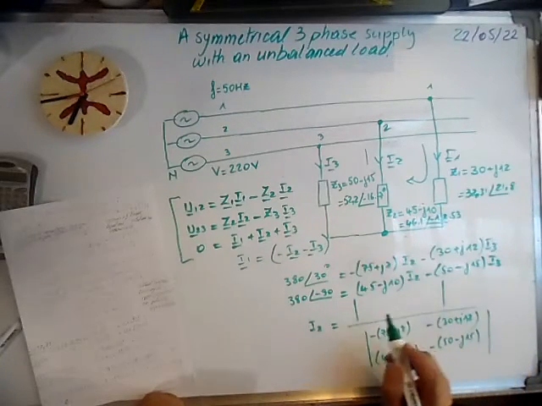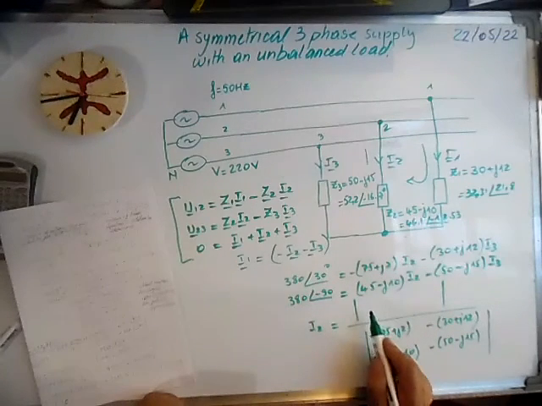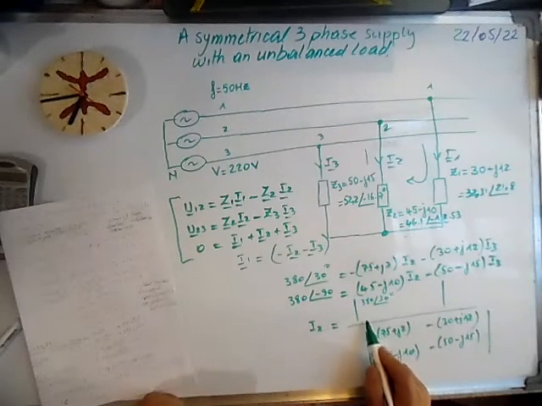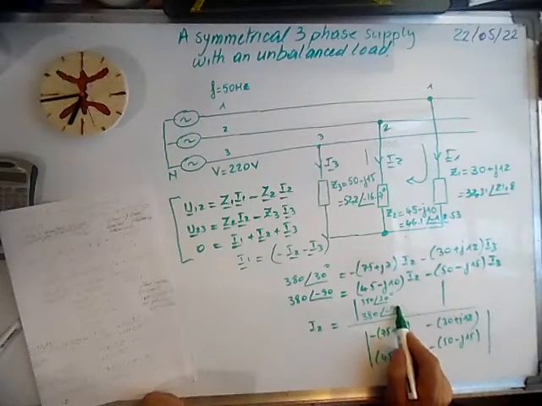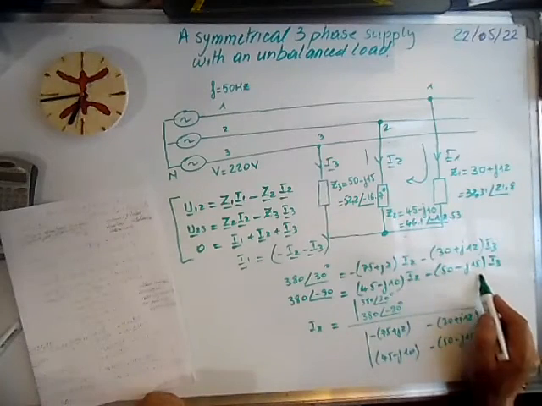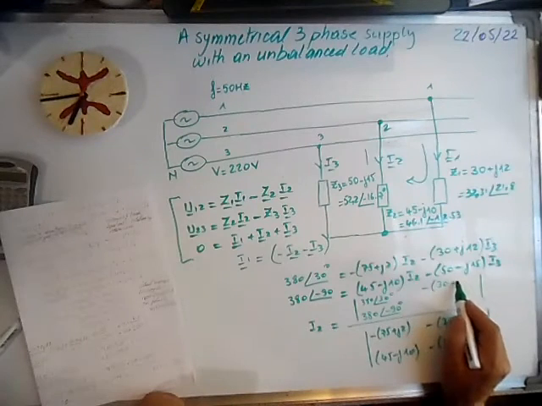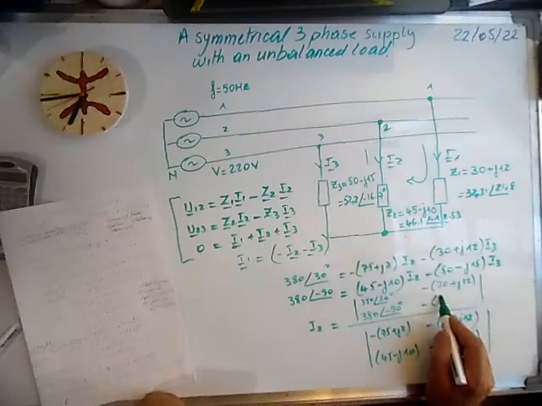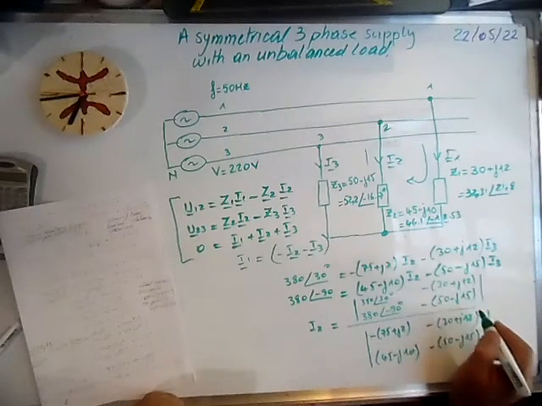In the numerator we will replace this by this, so it means 380 ∠30 degrees, and here 380 ∠-90 degrees, and here we have these two, plus j12 and minus 50 minus j15.